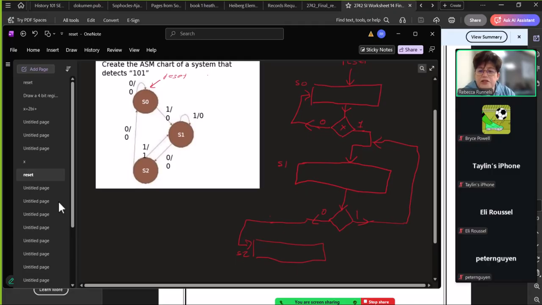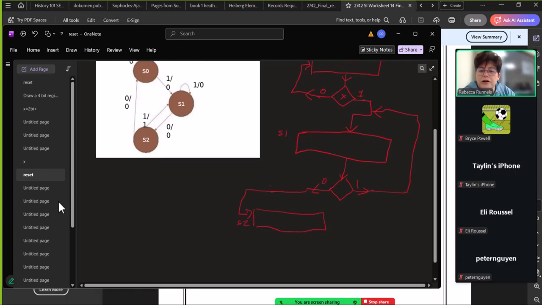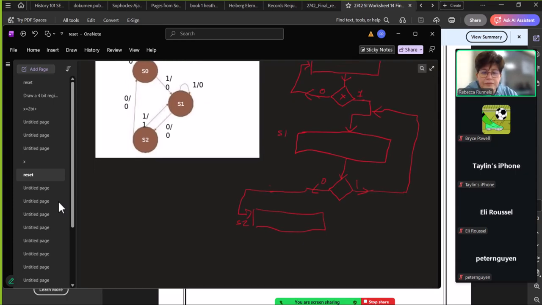From S2, if our input is 1, our output is 1. So I'll put a circle there. Now, if I knew the variable's name, I would put it in there. But that little circle just means the output is 1. I don't have to put that it's 1.